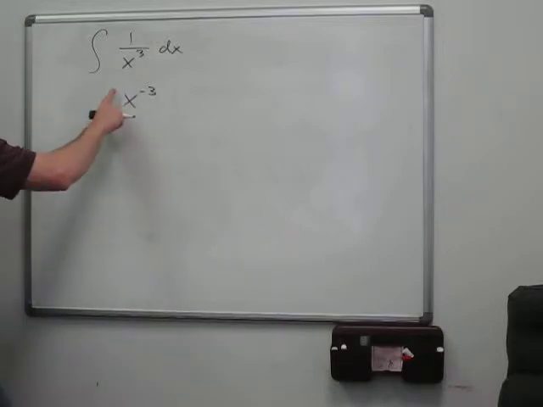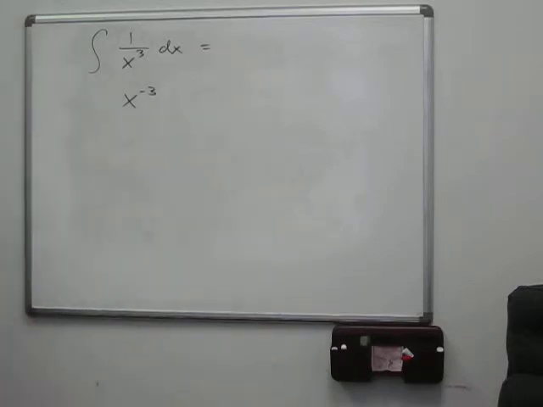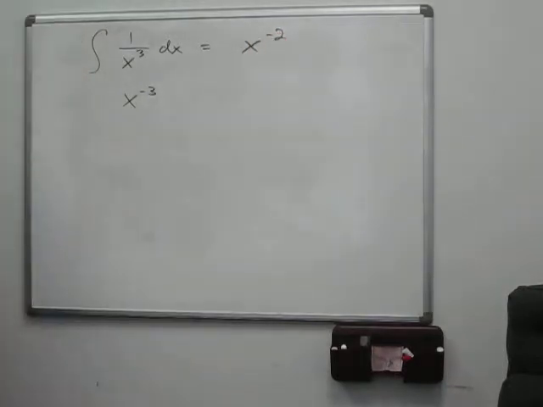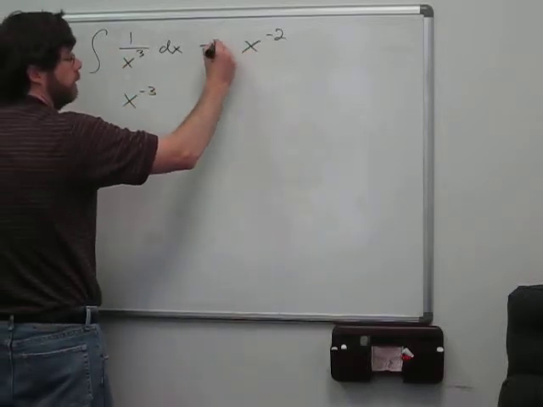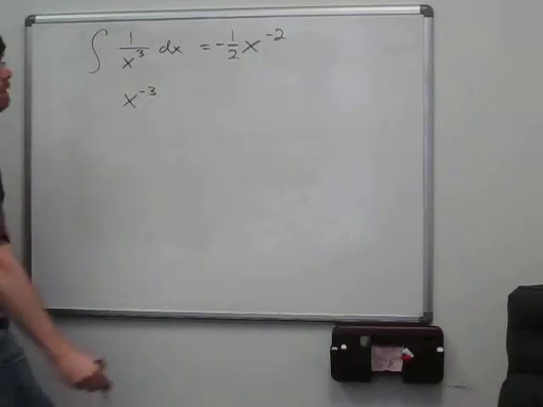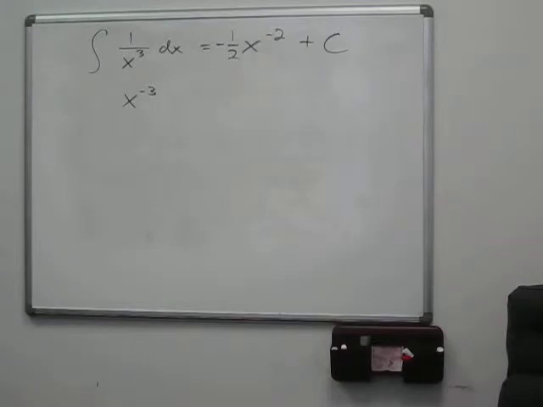And this is a form where we can very easily apply our reverse power rule, adding 1 to my exponent. So the new exponent will be a -2, and then I'm going to take a coefficient of 1 and divide by that new power. So a coefficient of -1/2, and add c.